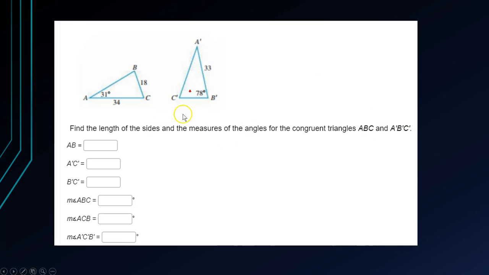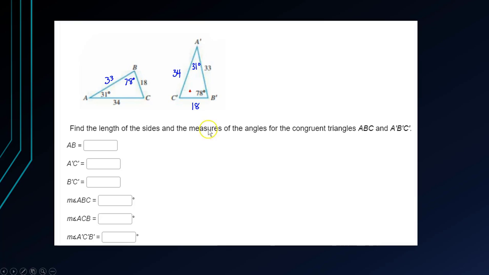Looking at the information I have between the two figures, if they're congruent, I know that A prime should be 31 degrees because A is 31 degrees. I know that AB is 33 because A prime B prime is 33. A prime C prime is 34 because AC was 34. And so forth and so on.